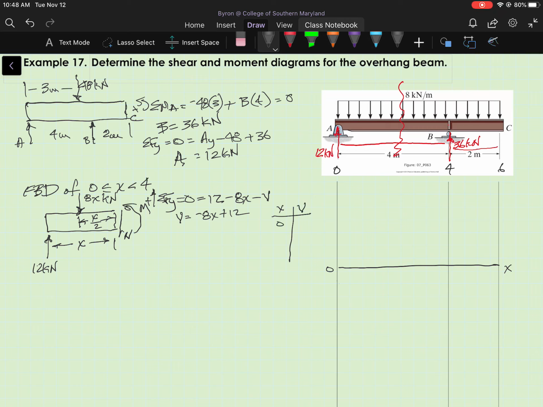So at x equals 0, V is going to be 12. At x equals 1, V is going to be 4. At x equals 2, V is going to be -4.